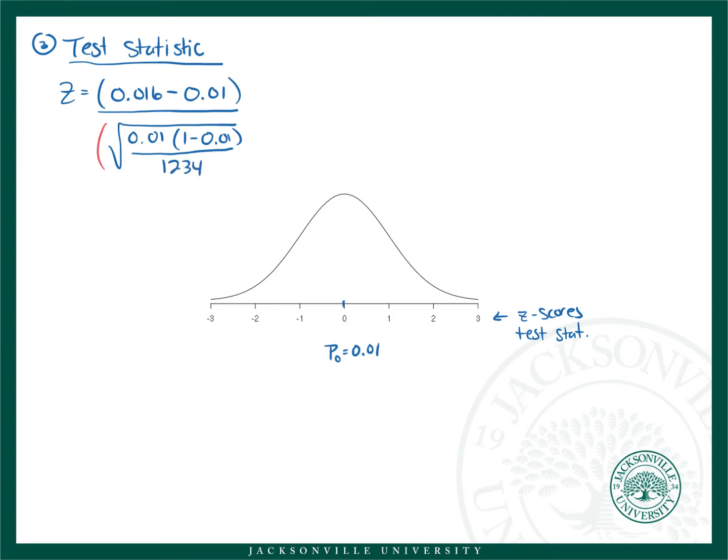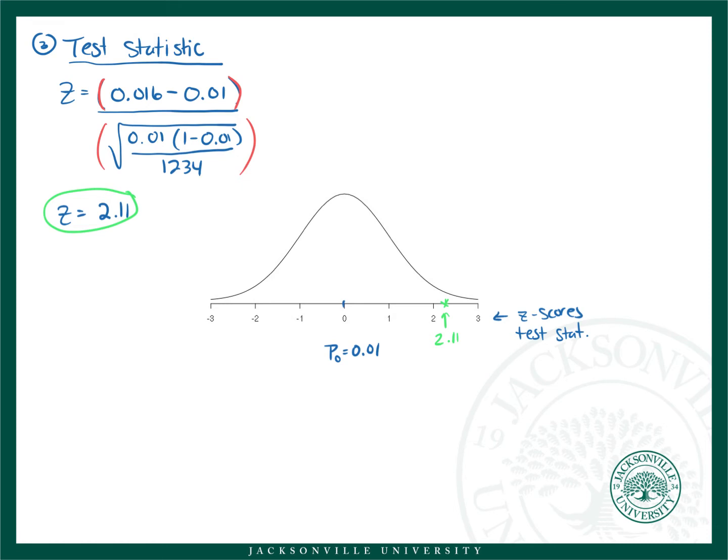If you're putting this into your calculator, I would use parentheses to maintain order of operations. That gives us a test statistic, or a z-score, of 2.11. I'm going to use green here to plot my test statistic on this distribution below. That's a little bit over 2. So 2.11 is our test statistic.